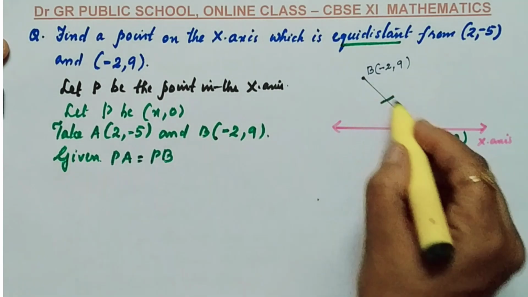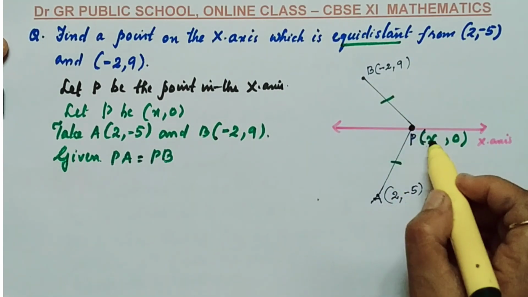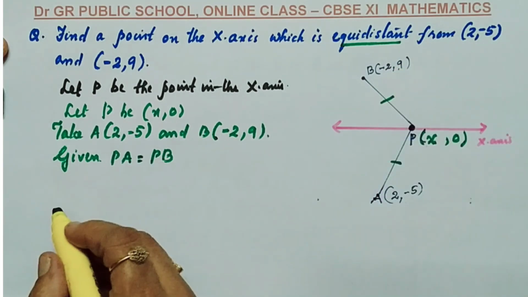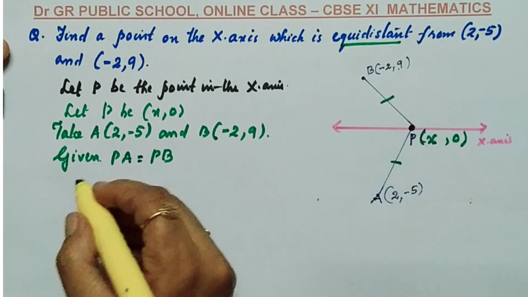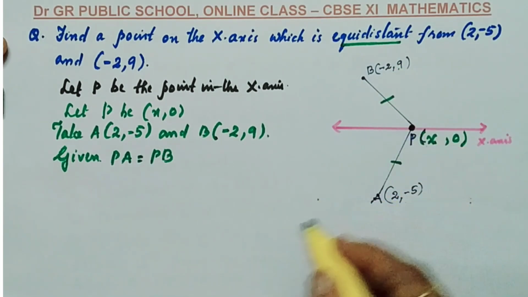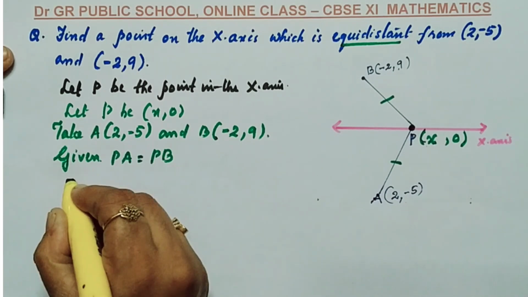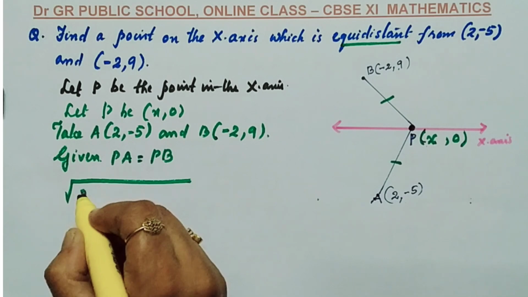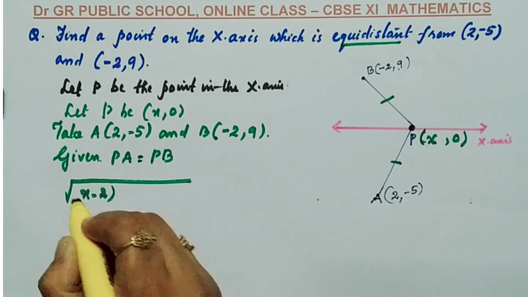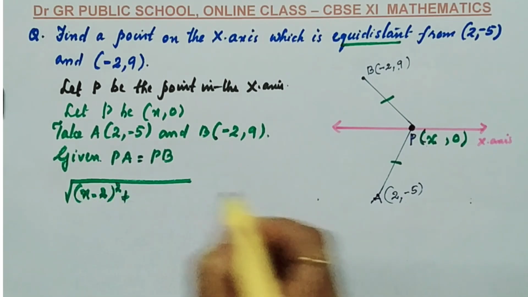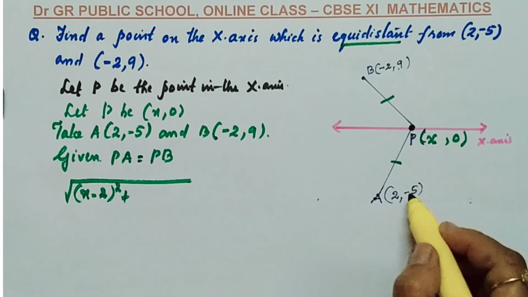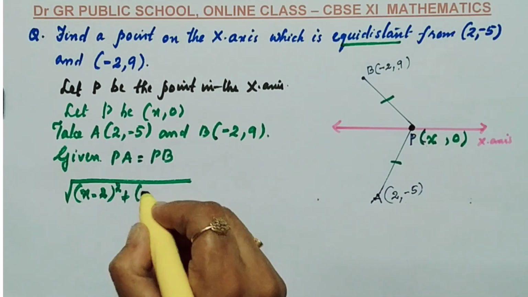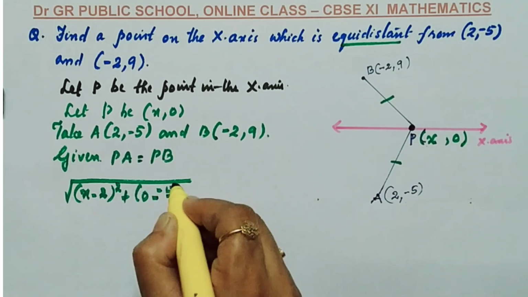How to find the distance PA? Taking this as x1, y1 and this as x2, y2, you can find PA as well as PB. Now I am going to find PA. PA equals root of (x minus 2) the whole square, or if you want you can write 2 minus x the whole square, plus (0 minus minus 5) the whole square.